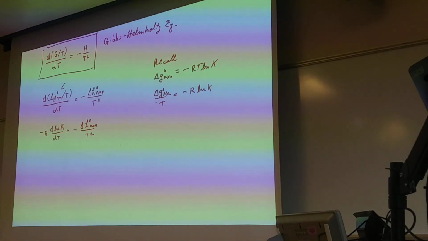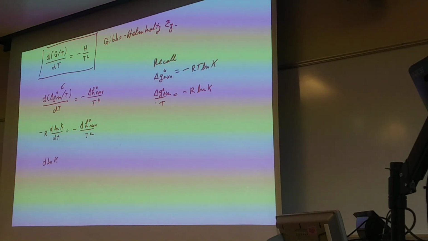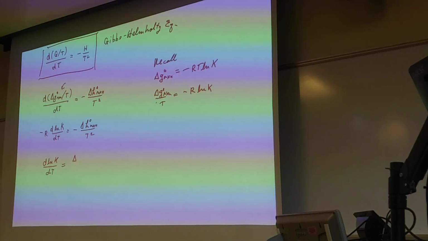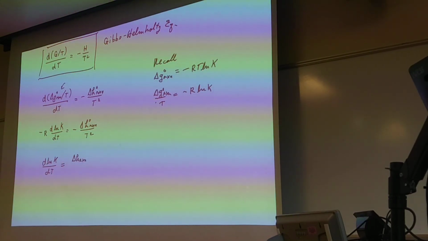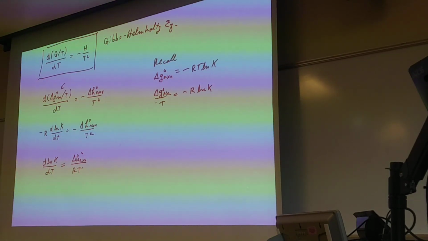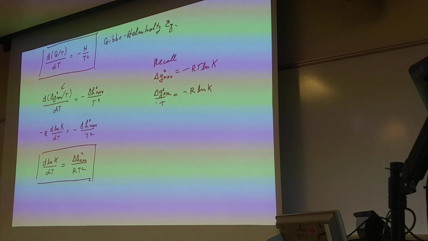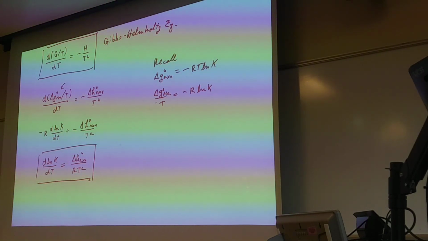So I can get rid of the minus signs and write this as d log K dT is equal to the standard heat of reaction over RT squared. So here's another form of the Gibbs-Helmholtz equation which relates it directly to the equilibrium constant for the reaction.